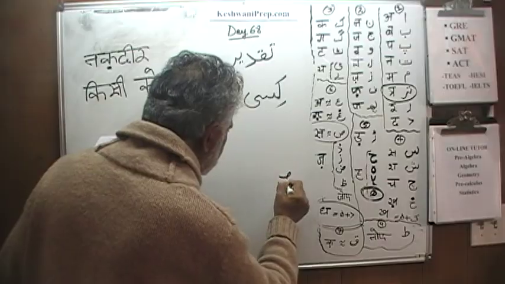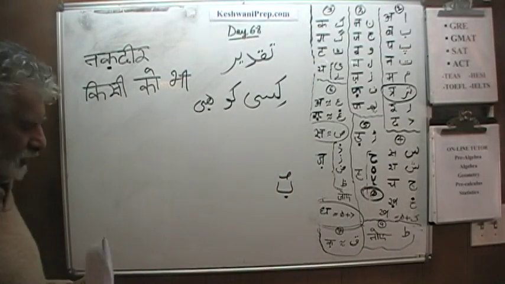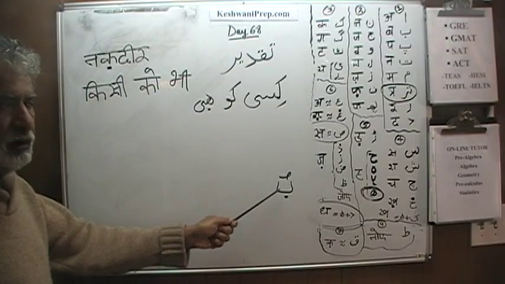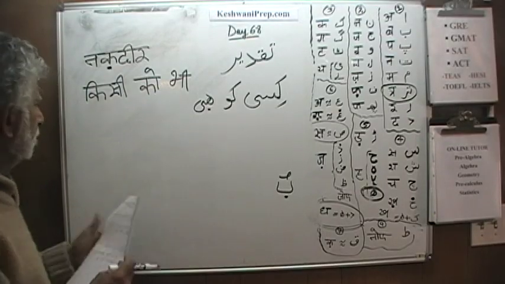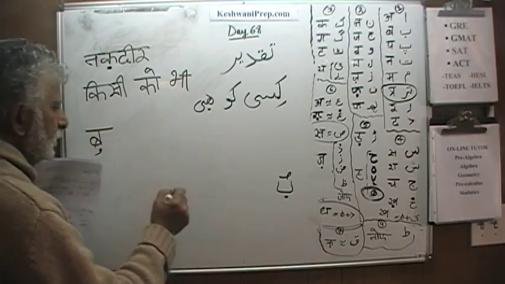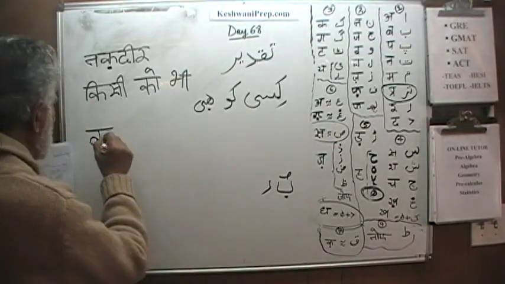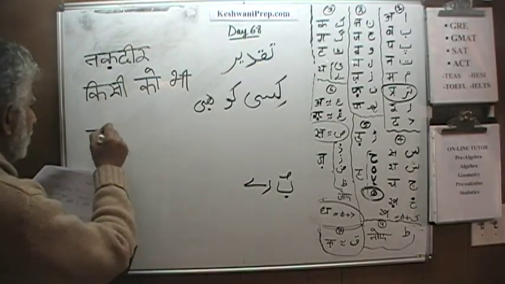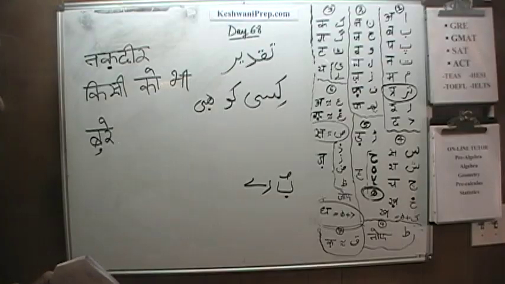We don't need a ba, we need a bu. U ki matra. This symbol, as we already know, is called pesh. We need a pesh on top of ba to convert ba into a bu. Bu, ra. We don't need a ra, we need a re. Badi hai gives us a ki matra. Takdeer kisi ko bhi bure.